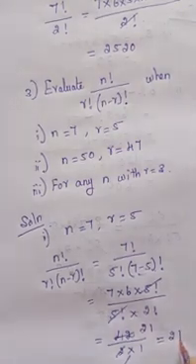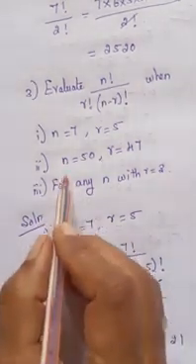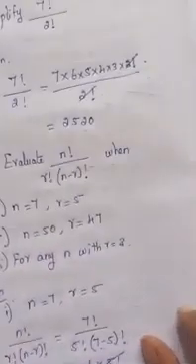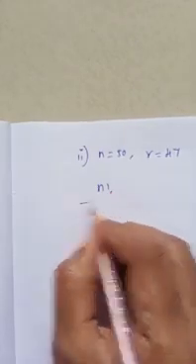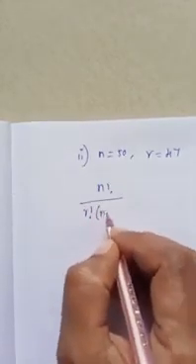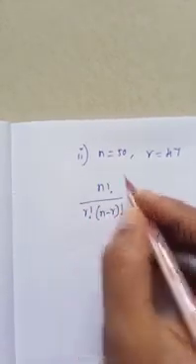Same, second subdivision. n equal to 50 and r equal to 47. We are supposed to find out n factorial by r factorial into n minus r factorial.